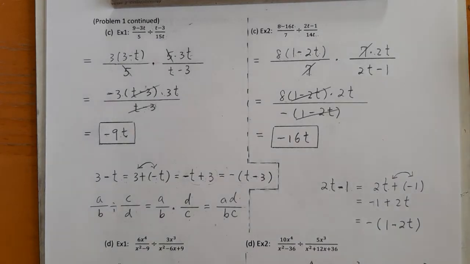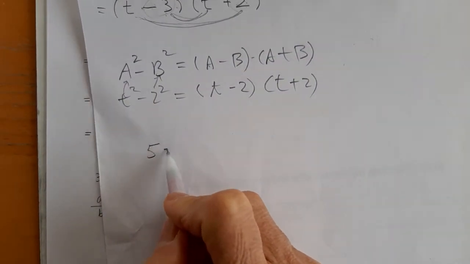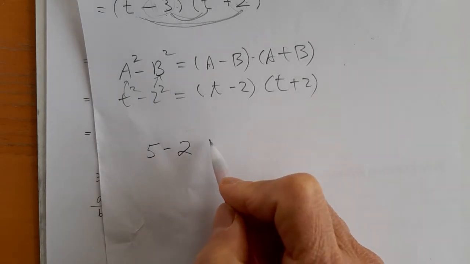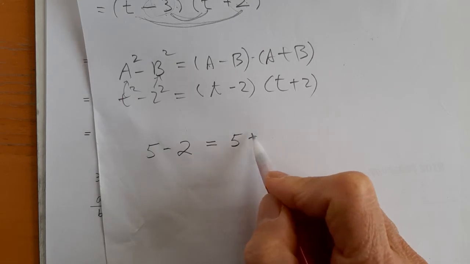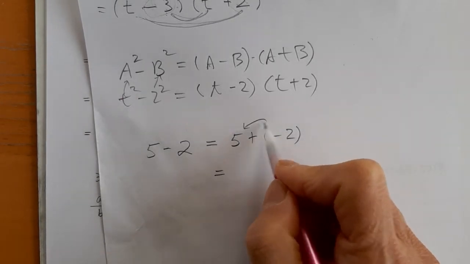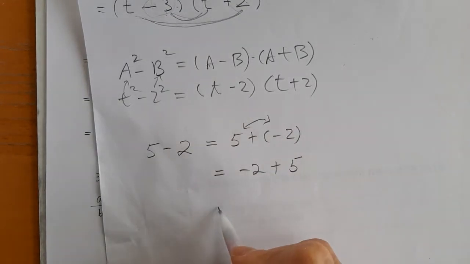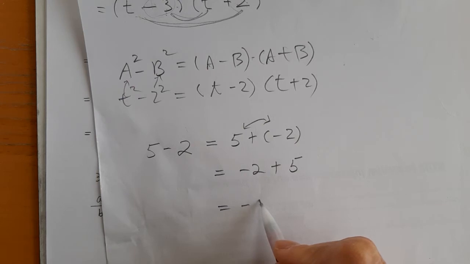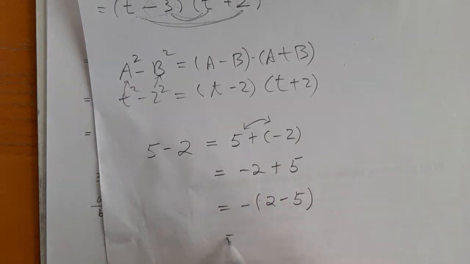Quantity. I can give you an example. For example, 5 minus 2 is equal to 5 plus negative 2, which equals, exchanging, negative 2 plus 5. Insert the parentheses: it's negative, 2 minus 5, which is negative of negative 3, which equals 3.